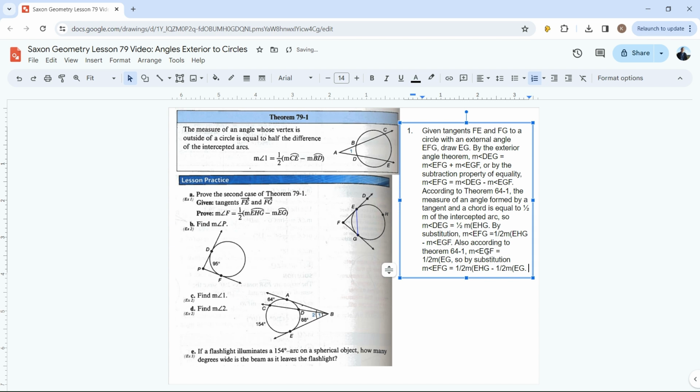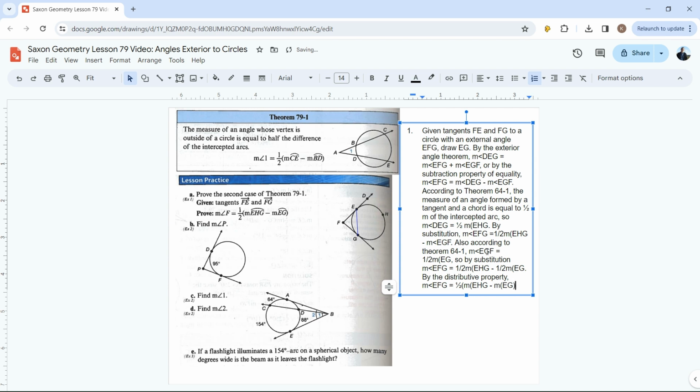Now, finally, I'm going to factor, and when I factor something out, I'm really doing it by the distributive property. So by the distributive property, the measure of angle EFG equals 1/2 times the measure of arc EHG minus the measure of arc EG.